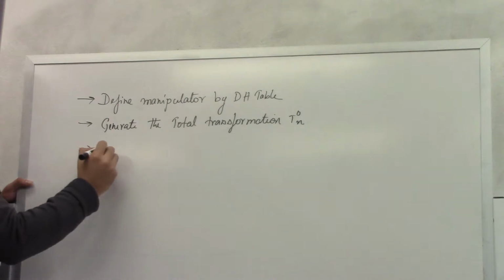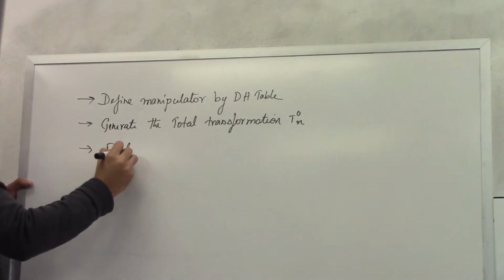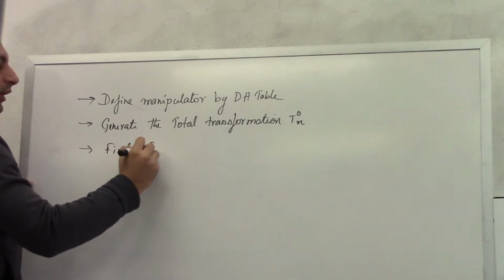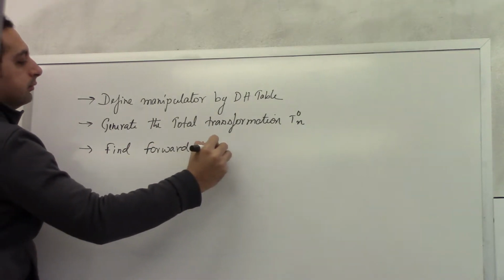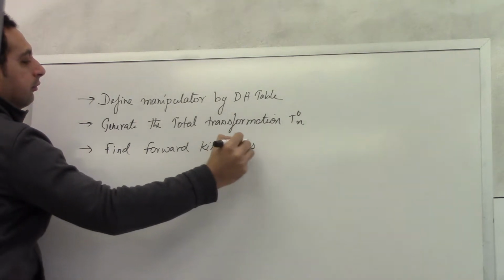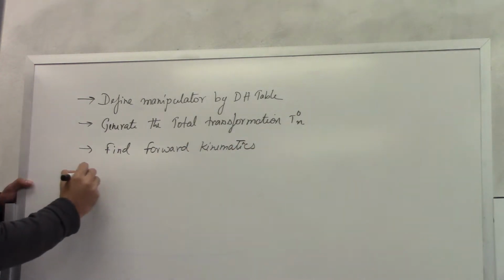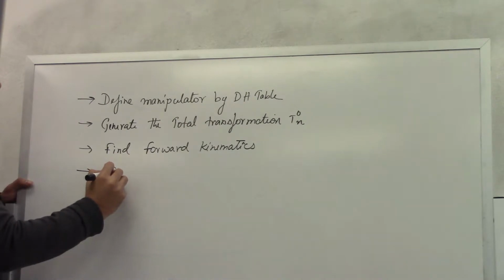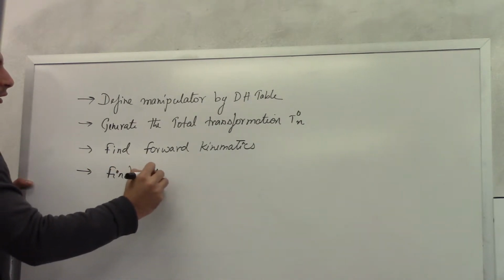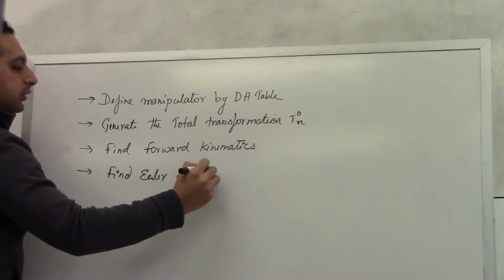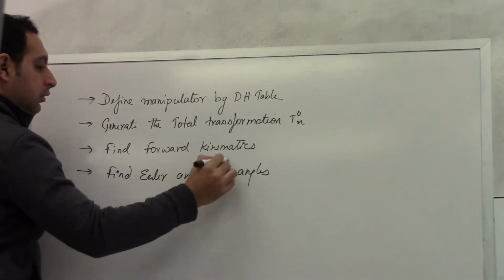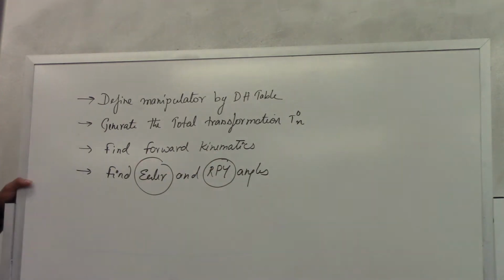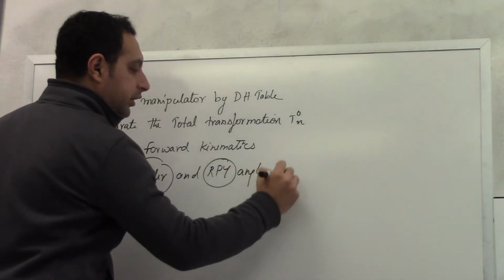Finally, you will find forward kinematics. And here you'll find Euler and RPY angles for the end effector orientation.